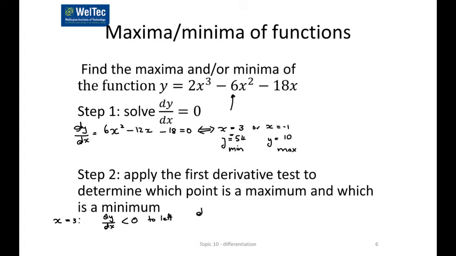And if we choose a number such as 3.1 and put that into the derivative, we find that the result is positive. So what that tells us is that there's a minimum value of y at the point where x is 3.